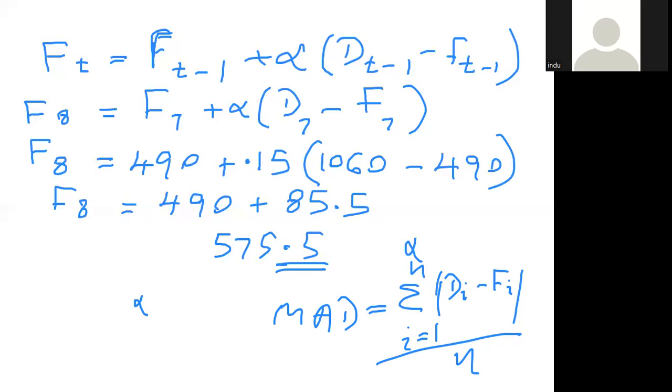That means if there is a big deviation between the forecasted value and the actual value, that means the accuracy percentage is low, then the mean absolute deviation value is high, and then we have to change it. But if the mean absolute deviation is a small value, that means there is no big difference between the actual value and the forecasted value.